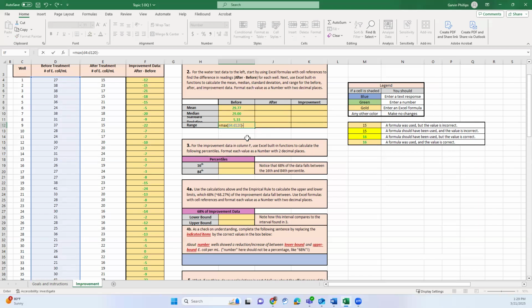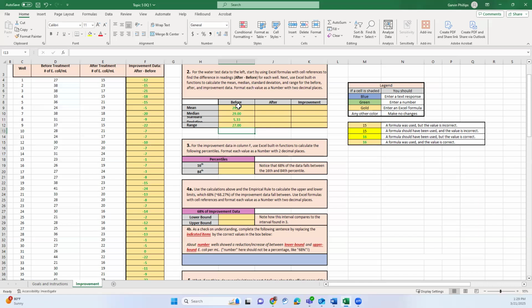I'm going to minus my minimum value, min, open my parenthesis. And again, same data set. It's not like I'm looking for some different data. I want to keep things in the same place. So now I'm looking for the maximum of that data minus the minimum of that data, and that should be my range. And there we have it.